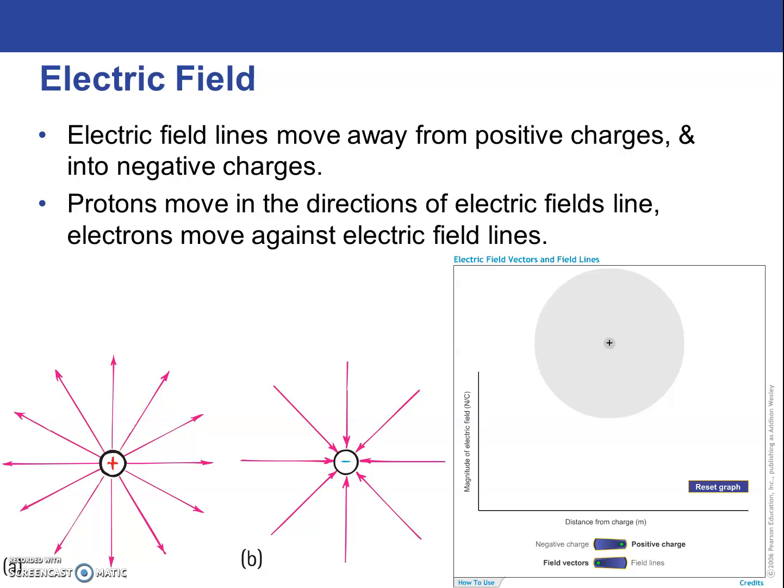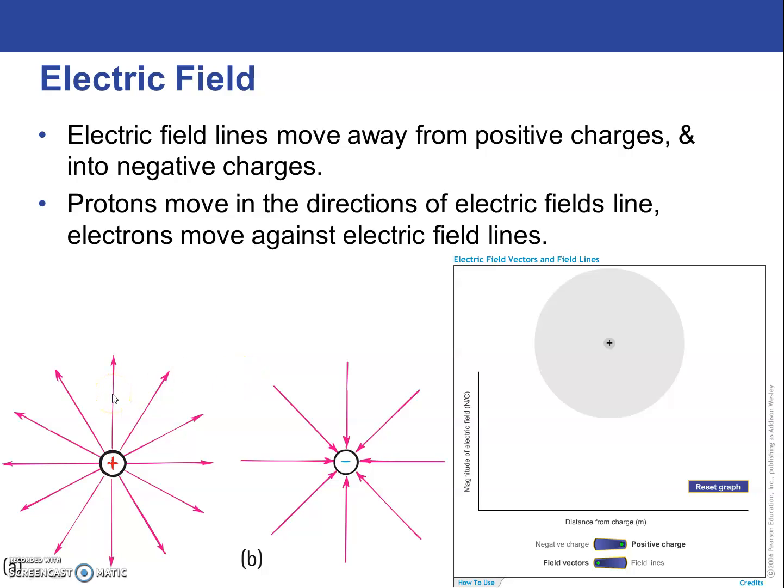So if I let go of a ball, we wouldn't expect it to go away from the Earth in the opposite direction. Similarly, positive charge follows electric field lines. We know positive charges move away from other positives, right? They repel. So the electric field lines point away from positives and towards negatives. Again, if I put the positive charge near this negative charge, it'll move towards it.